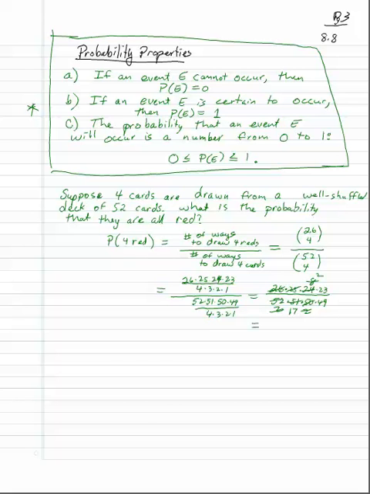So I'm going to get 2 times 23 is 46 over 17 times 49 is 833. So that's the probability of drawing 4 red cards out of a deck of 52 cards.